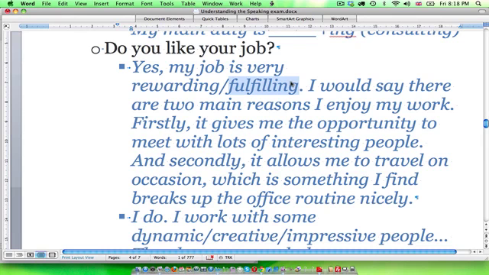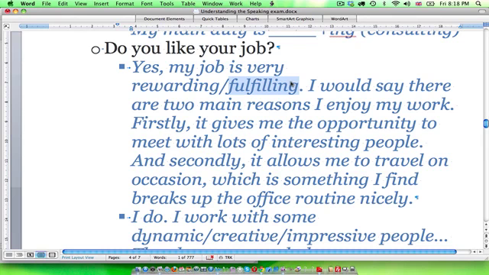So if you say, yes, my job is very fulfilling, I would say there are two main reasons I enjoy my work. Okay, and sometimes you can actually even say there are two main reasons. As you're saying that, you develop the two reasons in your head. And this is a way to impress your examiner. It looks like you're a logical person and that you're capable of these sorts of logical progressions in your speaking.